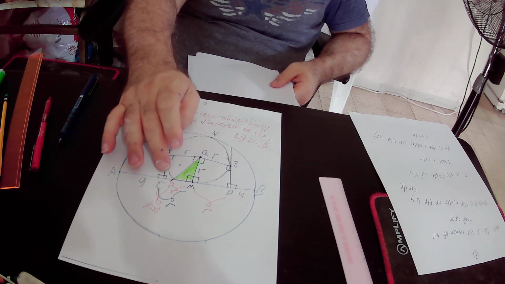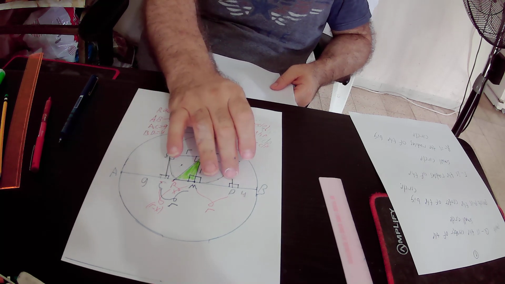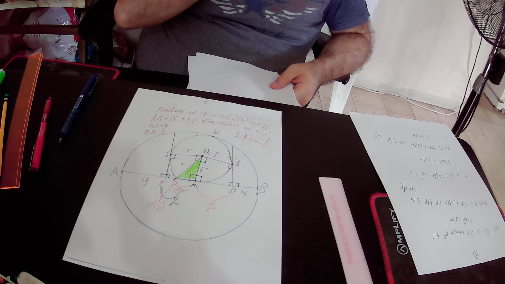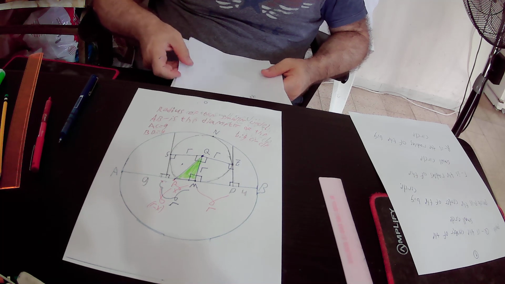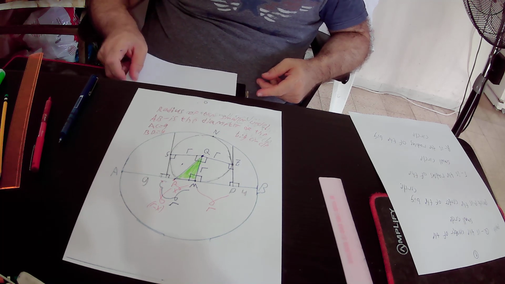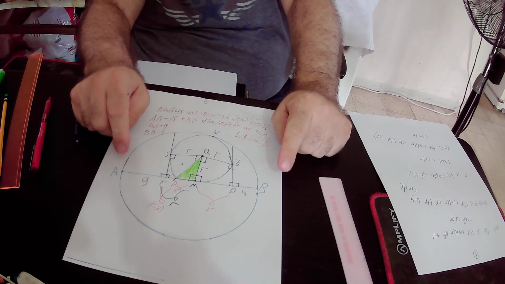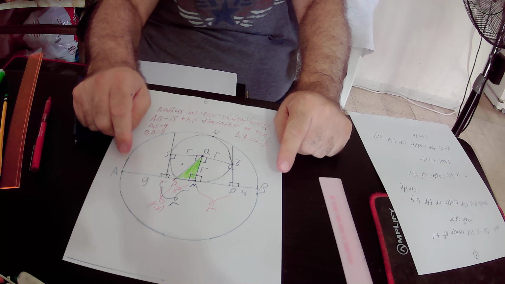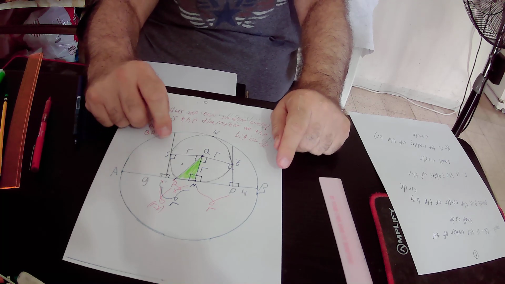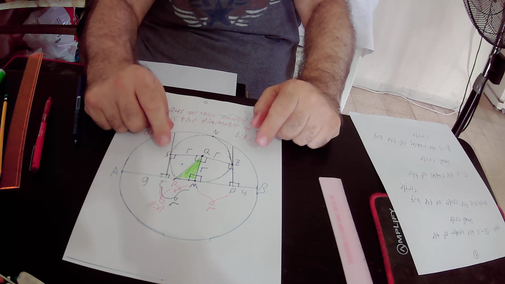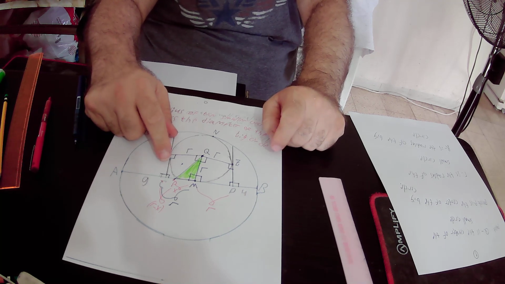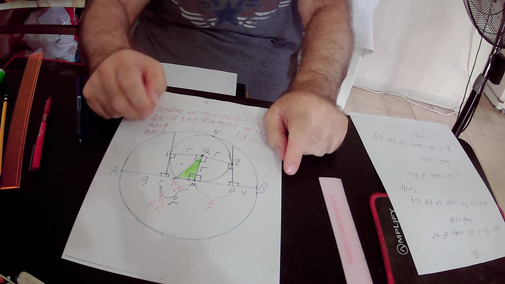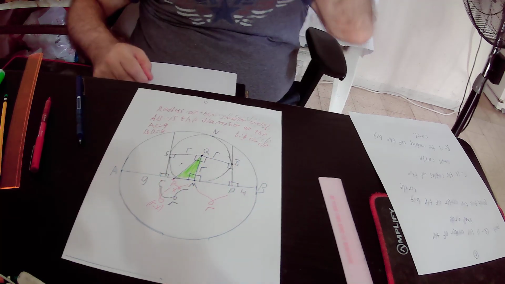Here we have right angles, and here also we have a right angle, and we know that AB is the diameter of the big circle, that is to say, it equals 2 times the radius of the big circle. And we also have 3 tangents to the small circle. This is the first one, this is the second one, and this is the third one.